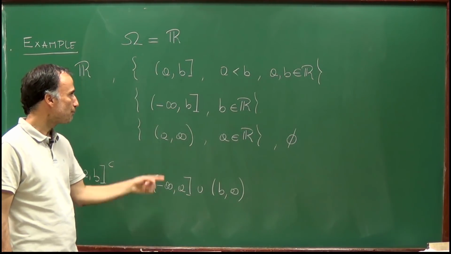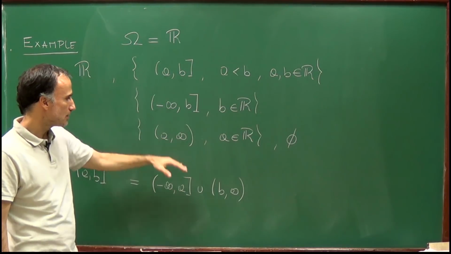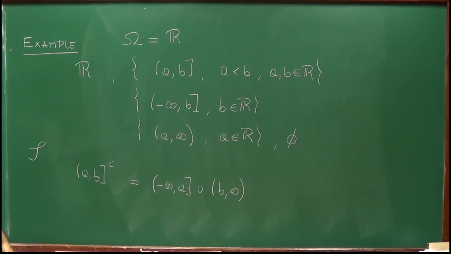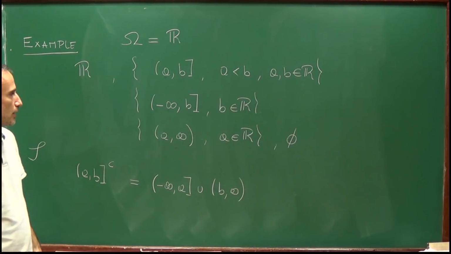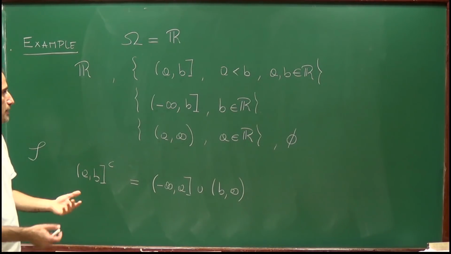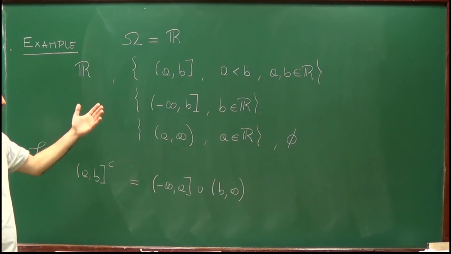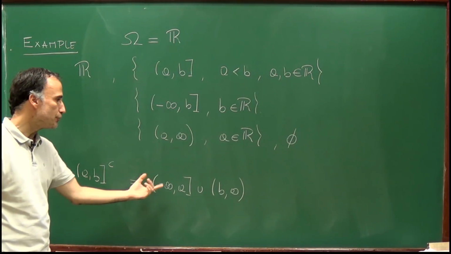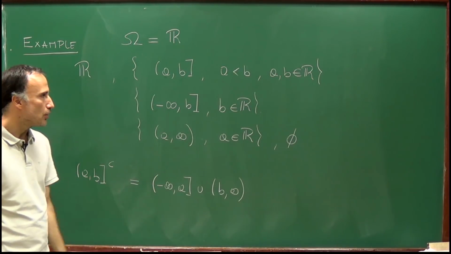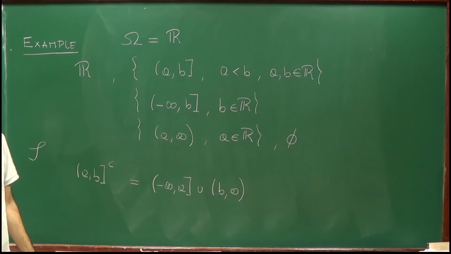The first one is an element of this class, and the second one an element of that class. I leave to you to check that the complement of the other sets can also be written as a finite union of elements of this class.